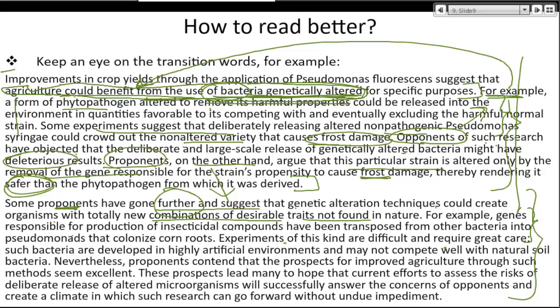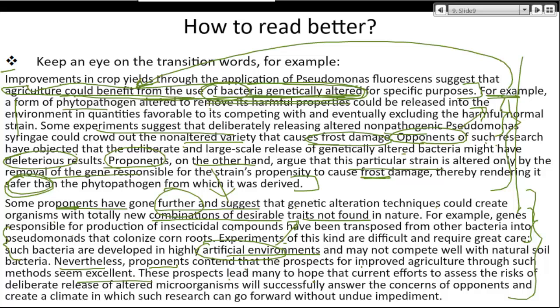Experiments of this kind are difficult and require great care. Such bacteria are developed in highly artificial environments. So this is basically about a specific example which the author has taken. Nevertheless, proponents contend that the prospects for improved agriculture through such methods seem excellent. So in spite of this difficulty, the proponents feel that the prospects are excellent.